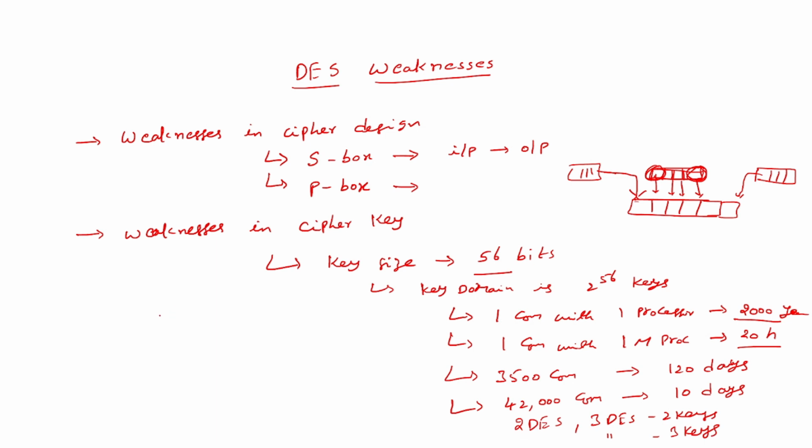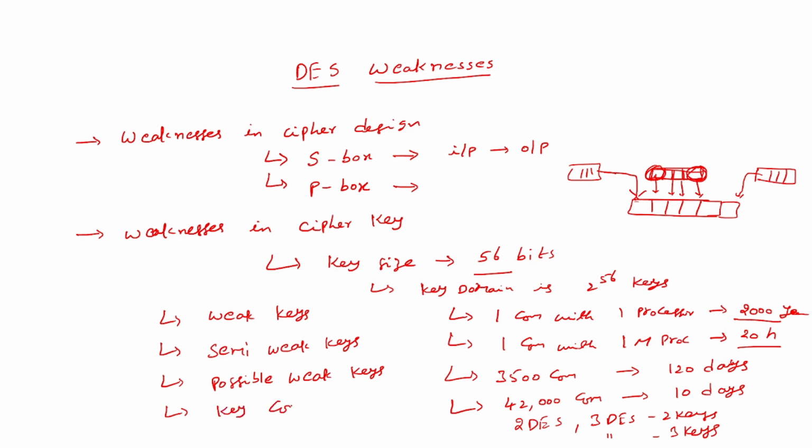The next weakness in the cipher key is weak keys, and next, semi weak keys, possible weak keys, and key complement.